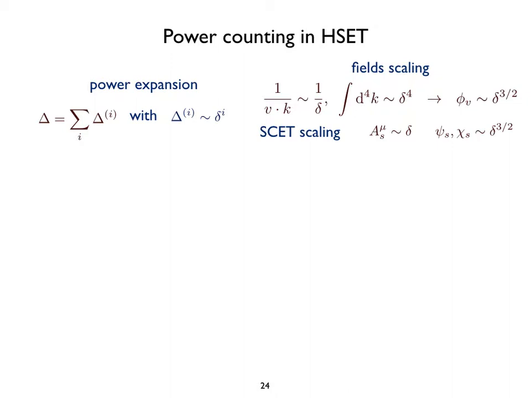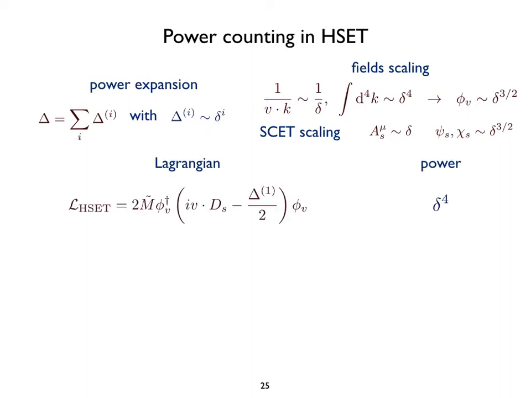Soft gauge field and fermion fields scale in the same way as the ultrasoft modes in soft collinear effective theory. This scaling can also be obtained considering these field propagators in the coordinate space. We present the leading bilinear terms in the first line. They both scale as delta to the power 4.